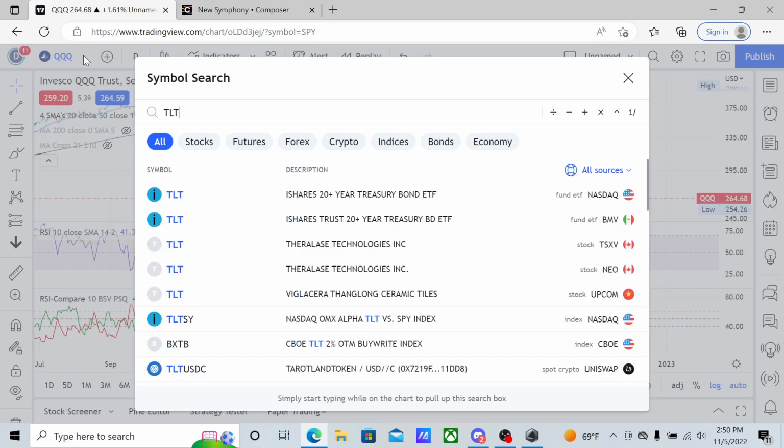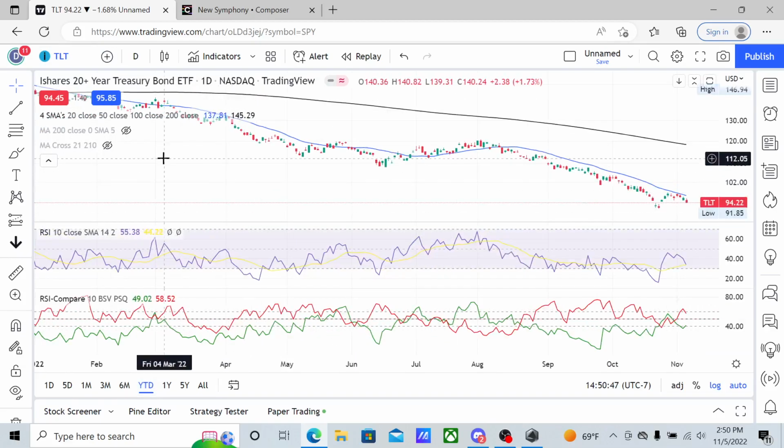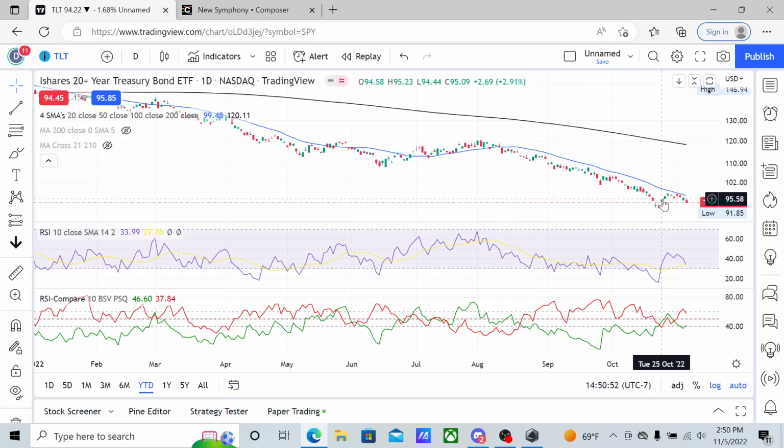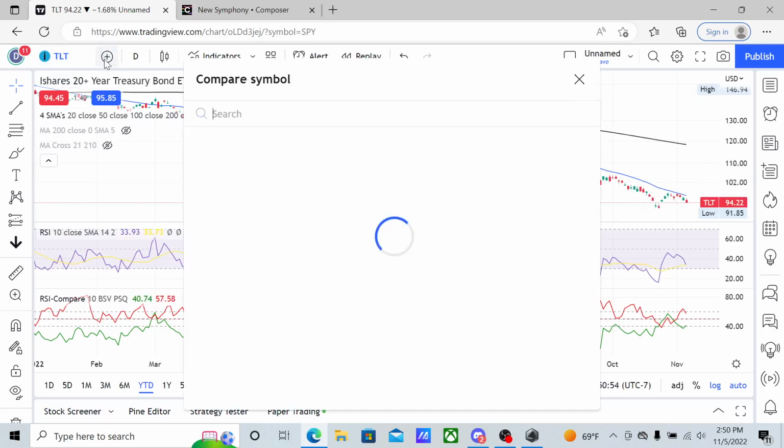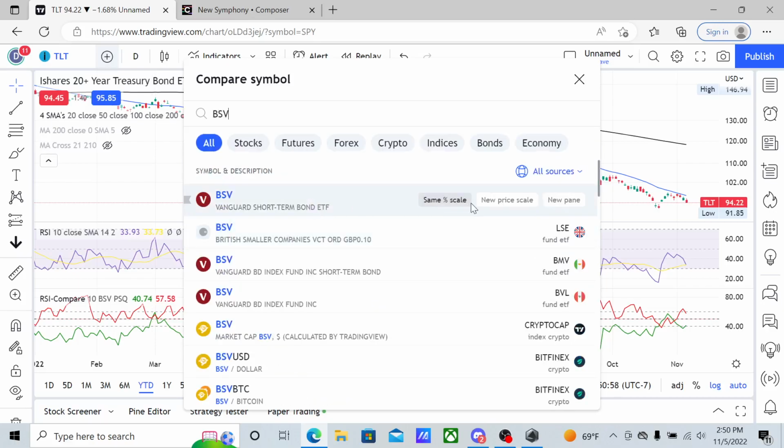So if you look at TLT, let's just go year to date. Okay, so if you look at TLT, it's in a pretty dramatic downward trend, and then you can actually even compare it to BSV.